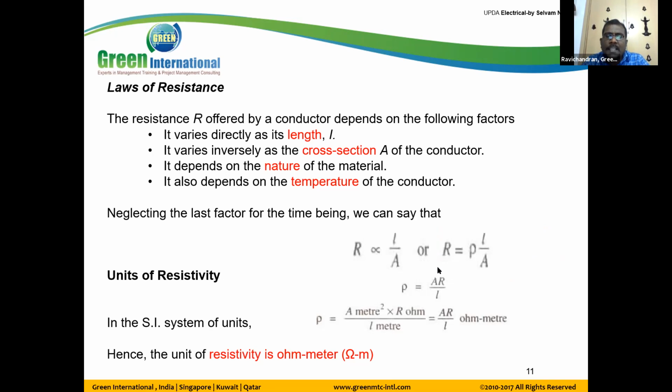From this slide, just remember, resistance is directly proportional to the length of the conductor, the cross-sectional area, and the resistivity. Sometimes we call it specific resistance.